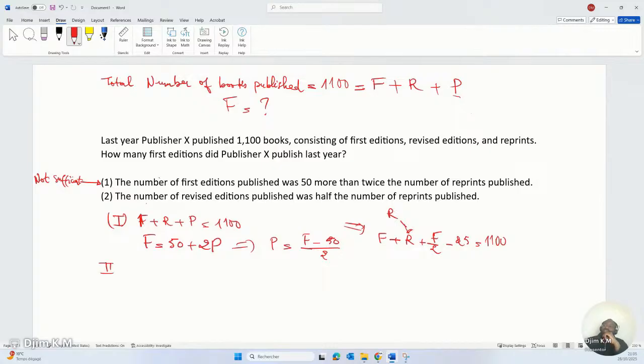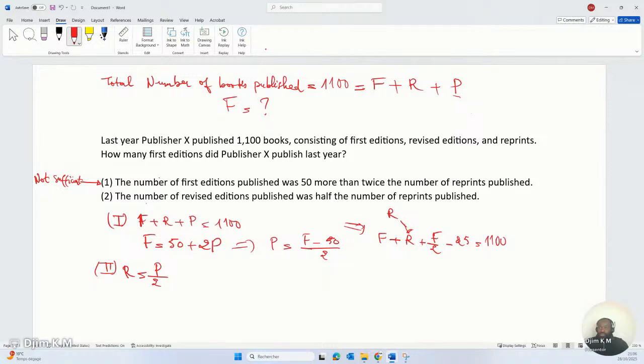Let's take the second condition. It says the number of revised editions was half the number of reprints, equal to reprints divided by 2.